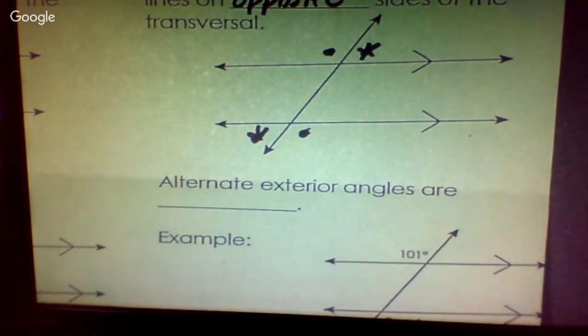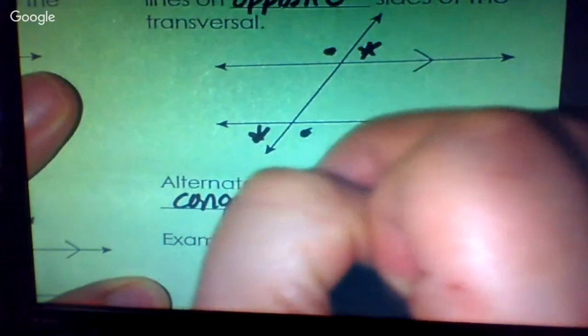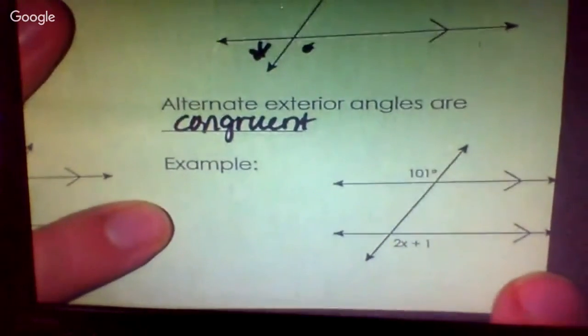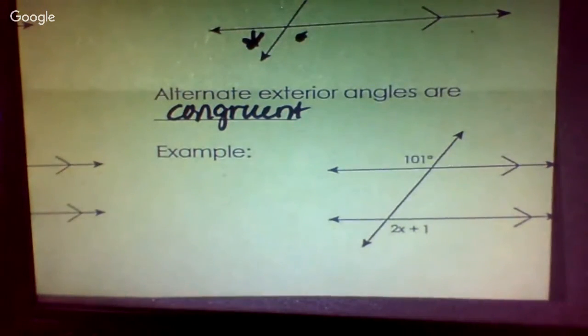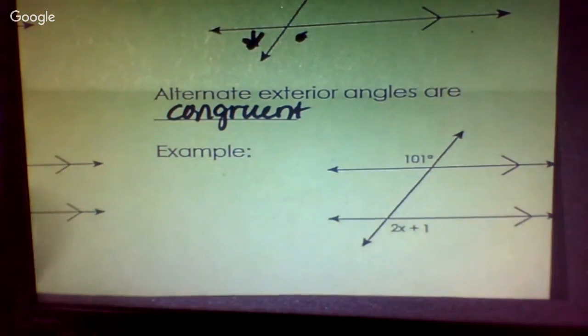And are these types of angles supplementary or congruent? Congruent as well. So if these are congruent, Mr. Watkins, what should this equation look like? 2x plus 1 is 101.